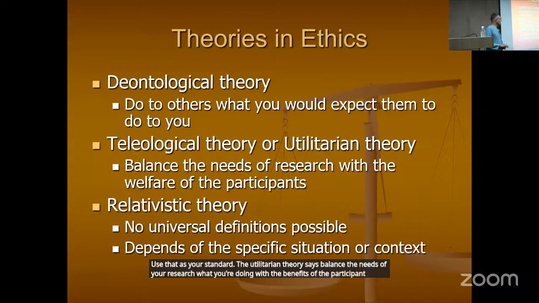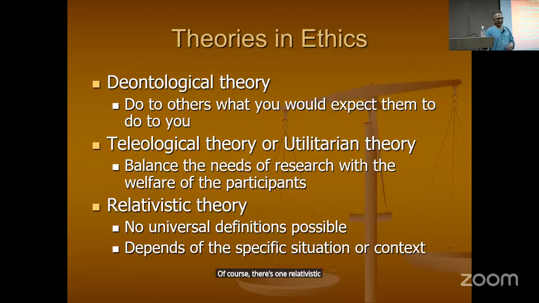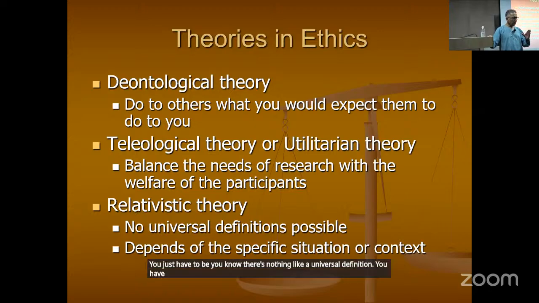Don't put them in danger or harm. Of course, there's also the relativistic one. It all depends on the specific situation. There's nothing like a universal definition. You have to focus and be aware of your exact study, and you have to devise ethical methods. Yeah, next one.